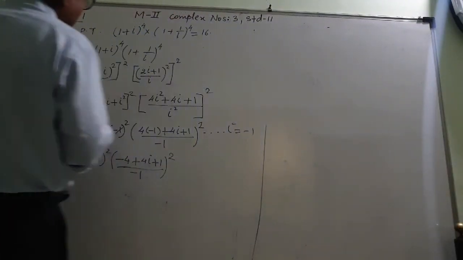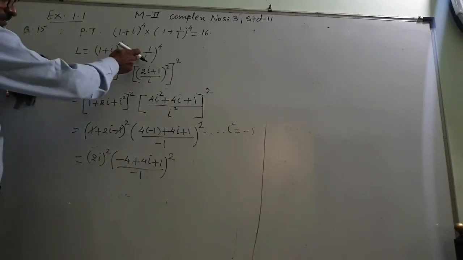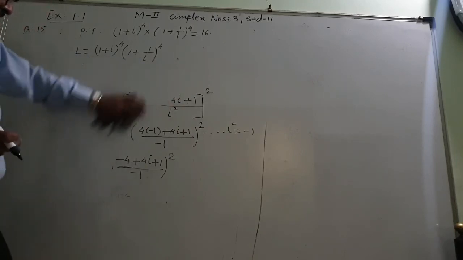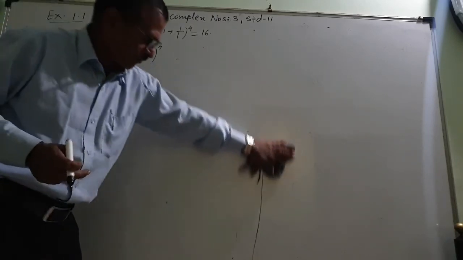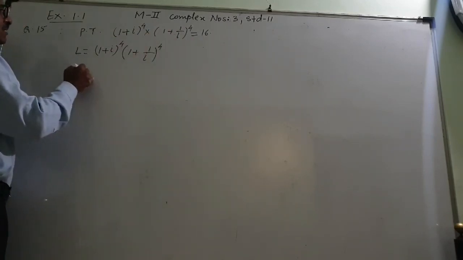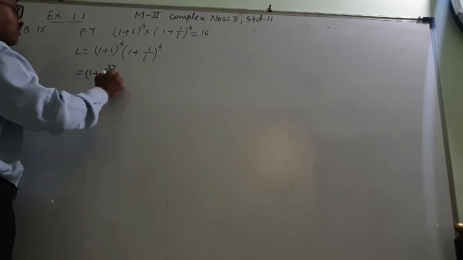Another way also I will tell you here itself how I would have solved this. That also I want to tell you, another way which will be also very easy. Here itself in one sum I have done. This is (1 plus i), its square as usual.